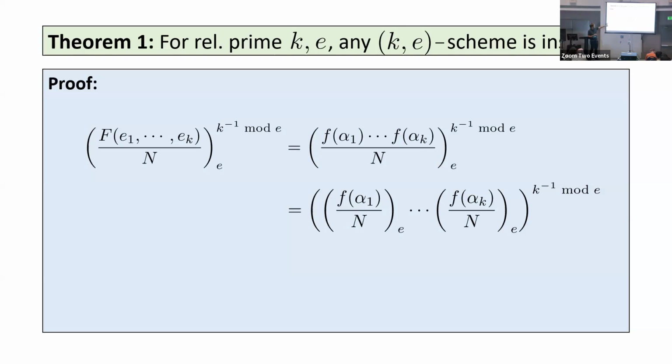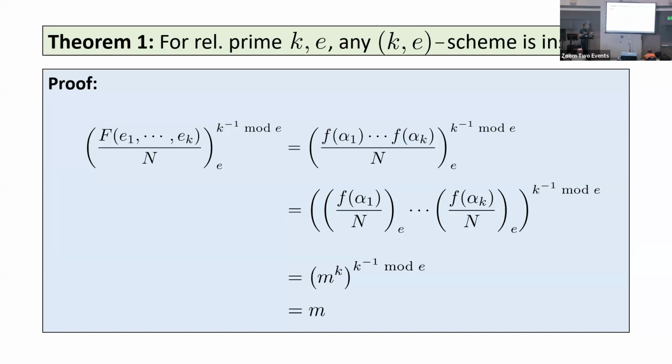So the e power residue symbol of f of alpha i is actually just the message, by the supposed correctness of the scheme. So I get k factors of f in here. Each of the alpha i's gives me an m, because that's just how decryption works. And so I get m to the k, and then the whole thing is raised to the k inverse mod e. Since the e power residue symbols live in a group of order e, doing this spits out m. Okay, so that's it.